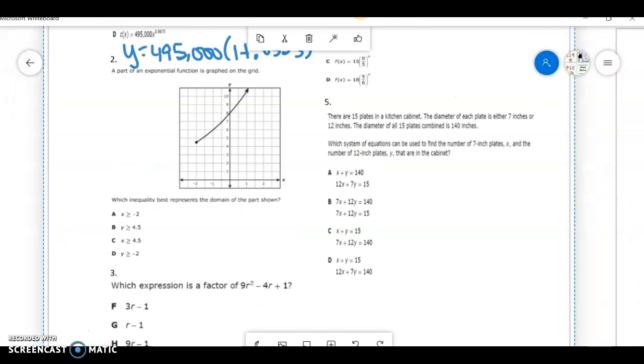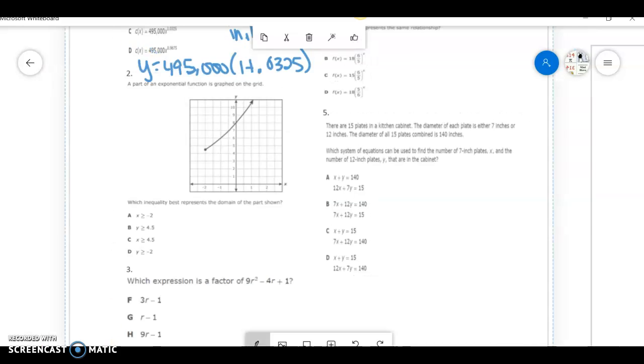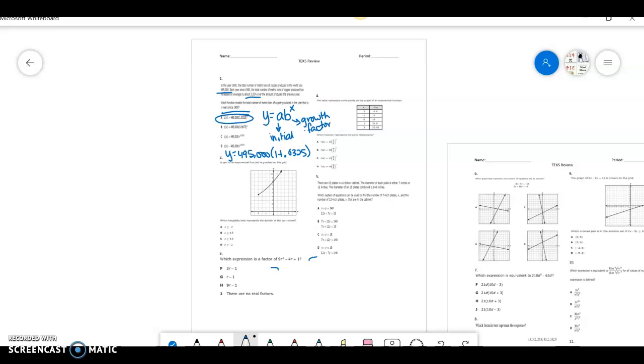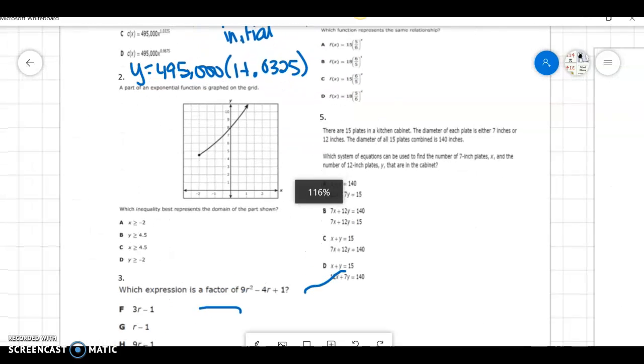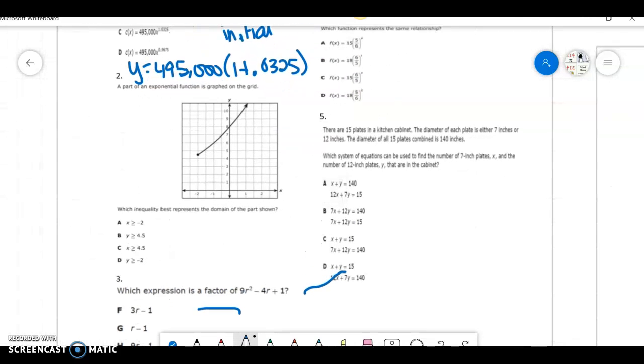Number 2 says, a part of an exponential function is graphed. What is the domain? All right, so when we've talked about domain and range before, we said draw your window. So I'm going to take my highlighter and draw my window.